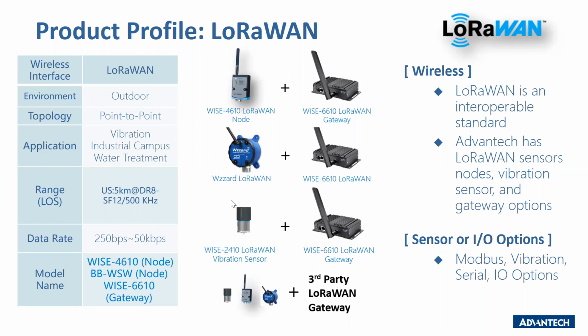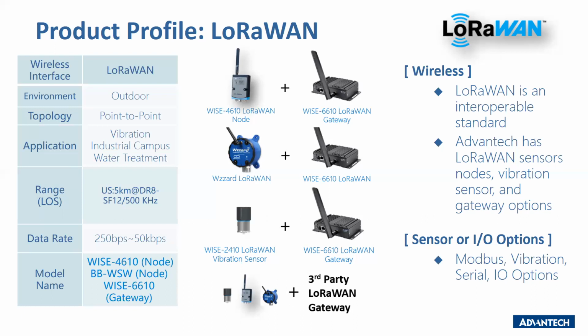You've got a wireless LoRaWAN vibration sensor that talks to the gateway, or these can all talk to any third-party LoRaWAN gateway. More on that later, but just know that it's interoperable. So all of these LoRaWAN products will work with non-Advantech LoRaWAN gateways as well, and our gateway will work with non-Advantech sensor nodes. Cool. So far, so good.